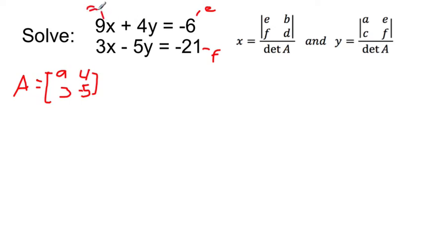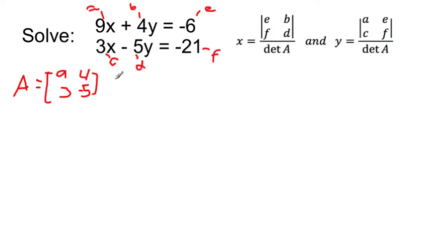This is going to be my A. This is going to be my B. This is my C. And this is my D. And the reason we look at it this way is because my coefficient matrix A goes A, B, C, D. The two remaining are E and F. So if I need to figure out my determinant here for X, I need to take the matrix E, B, F, D. So let us do that.